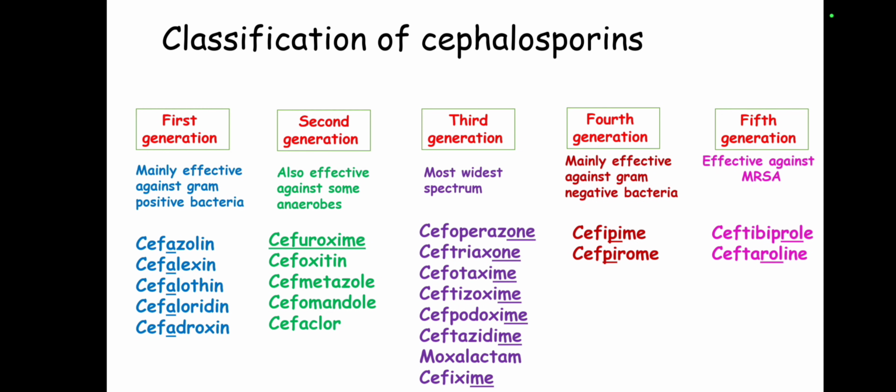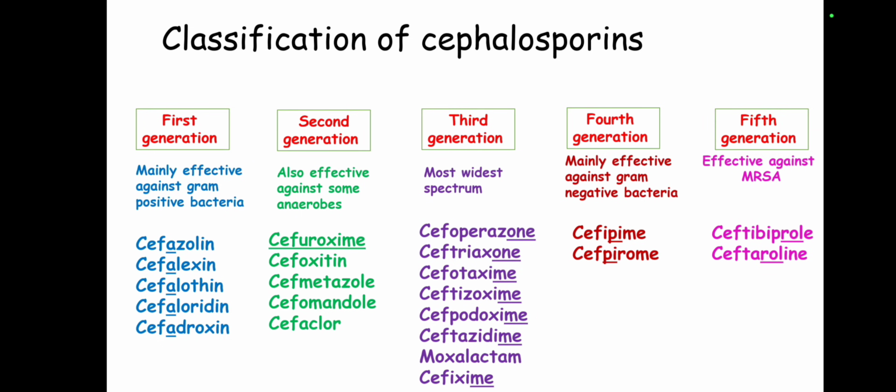Next, if a drug ends with me or one, the drug belongs to third generation. Now, all the remaining drugs, where there is no a after cef, no pi, no role, no me, no one, belong to the second generation cephalosporins. So this is one way by which you can remember the examples of cephalosporin drugs belonging to their different generations.